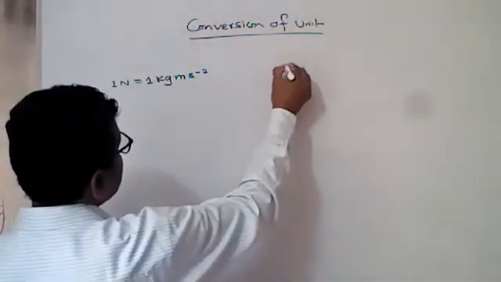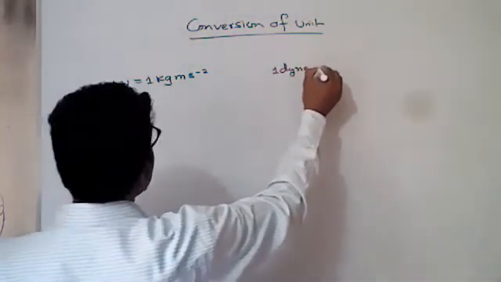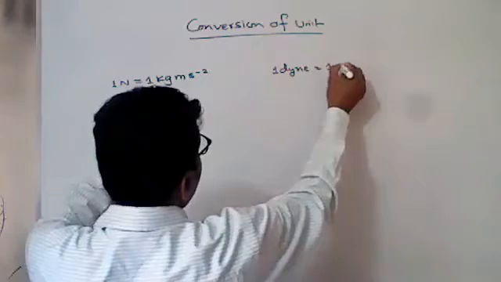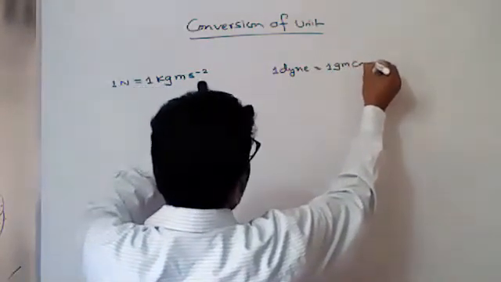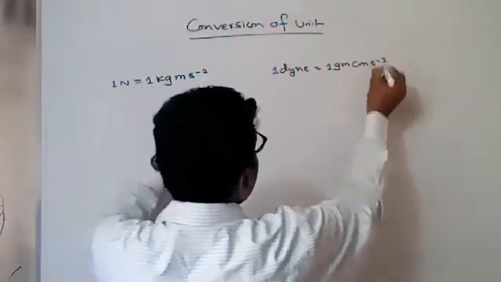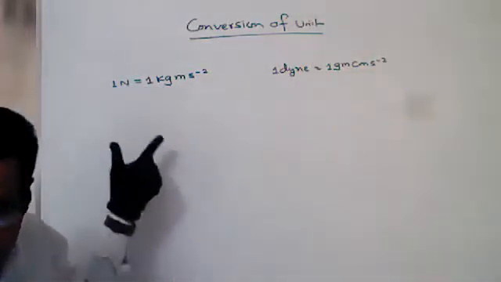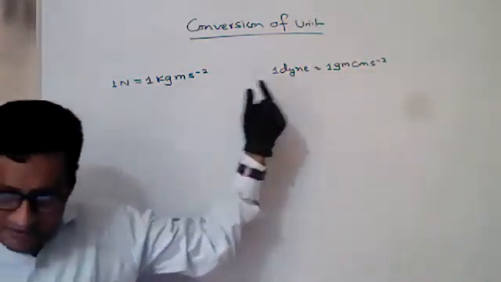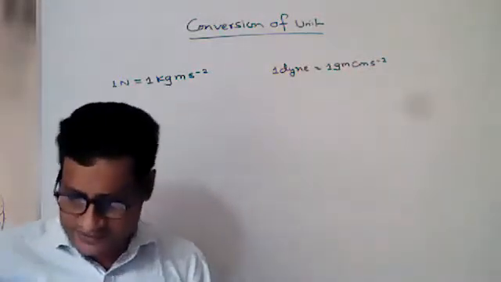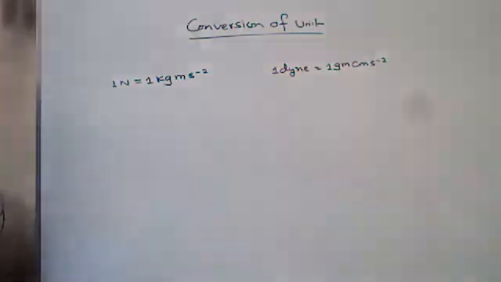1 dyne equals 1 gram centimeter per second square. But what is the relation between Newton and dyne, or kilogram meter per second square and gram centimeter per second square?